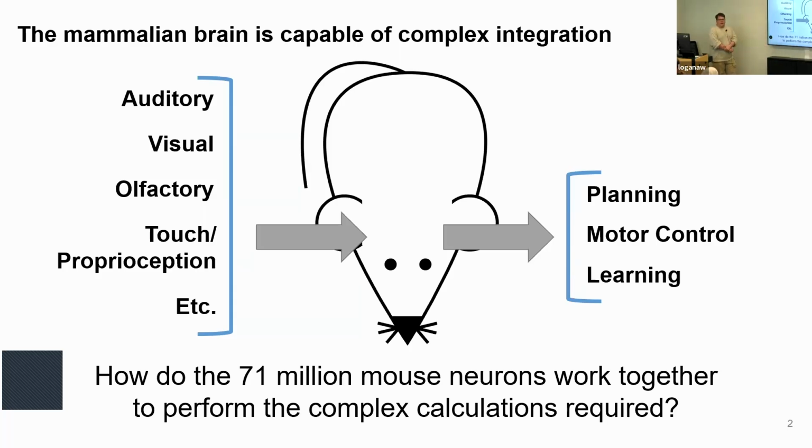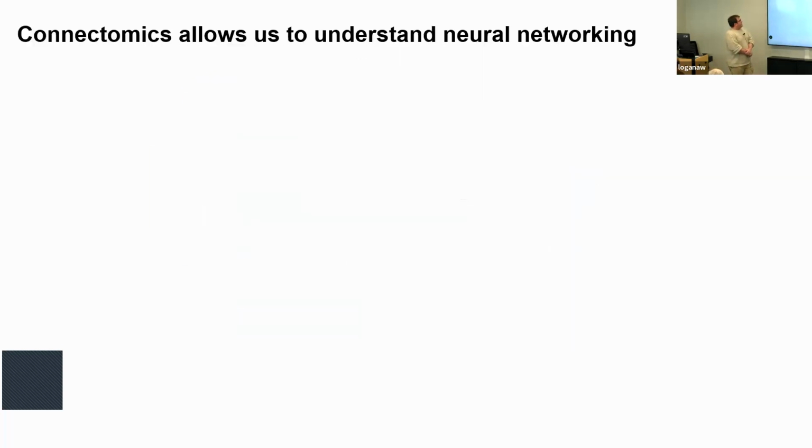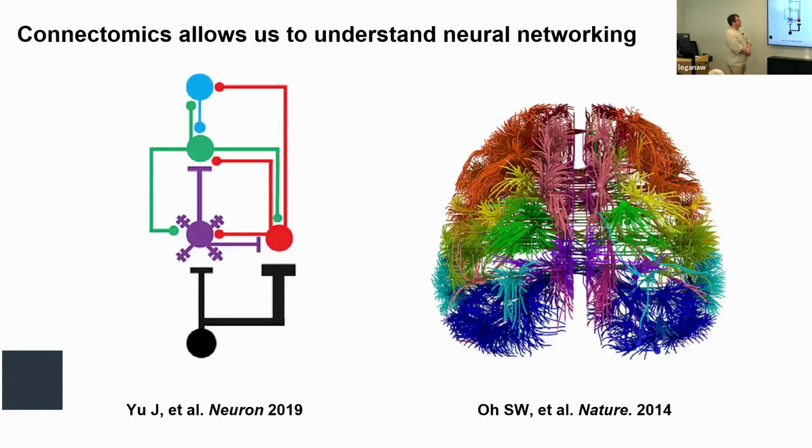A lot of the newest visual transformer models are modeled after how we think the visual cortices in the mammalian brain operate. So there is interest in understanding these questions from a philosophical sense, but also from an applied sense as well.